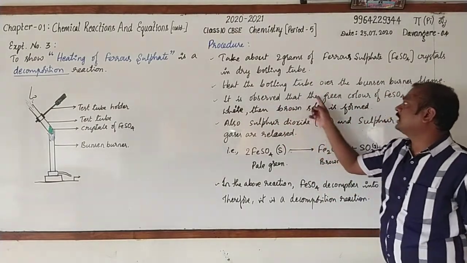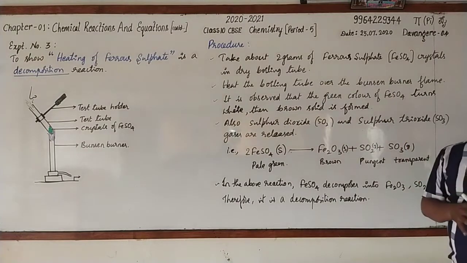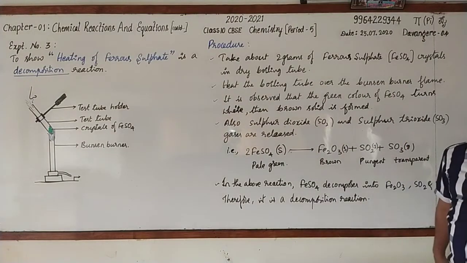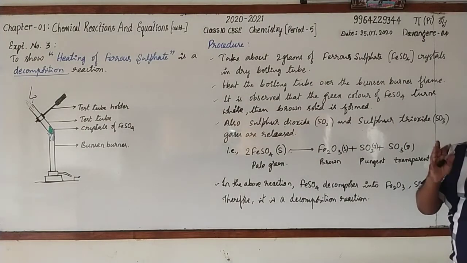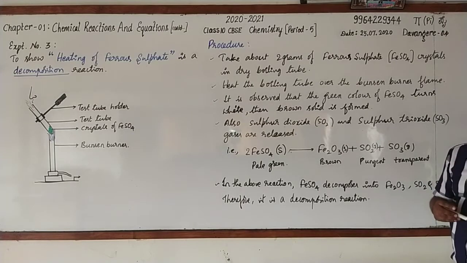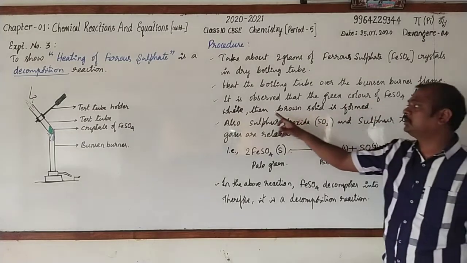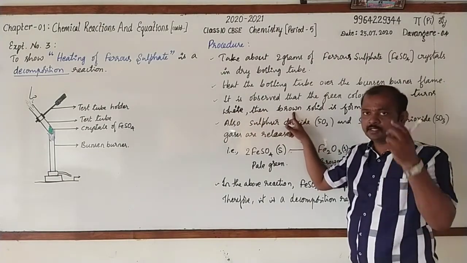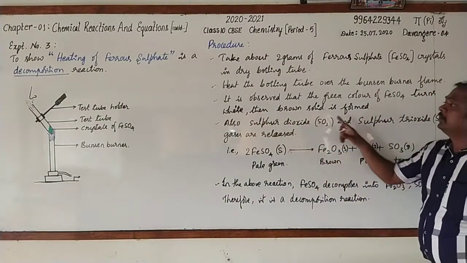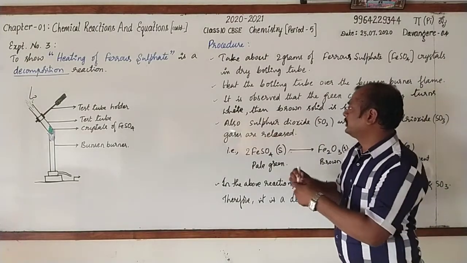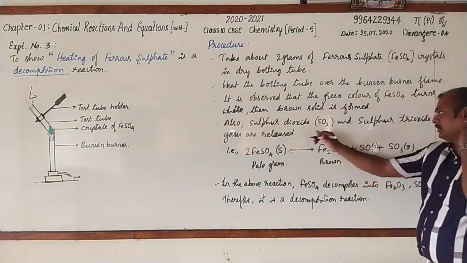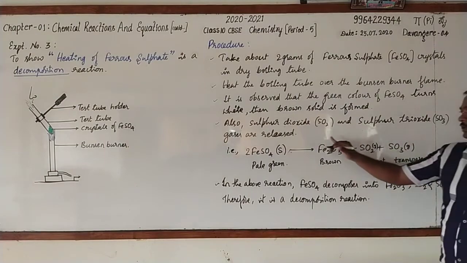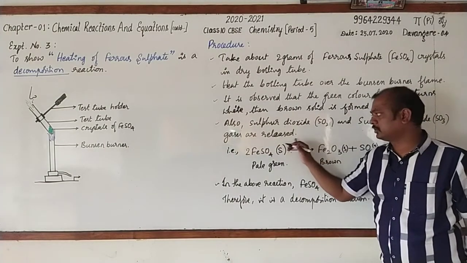Then you will notice that the green color of ferrous sulfate is removed. It is because of the removal of water of crystallization. Then it will turn white. After that it turns brown. That is nothing but ferric oxide. Along with that, sulfur dioxide, which is pungent, and sulfur trioxide gases are also released.